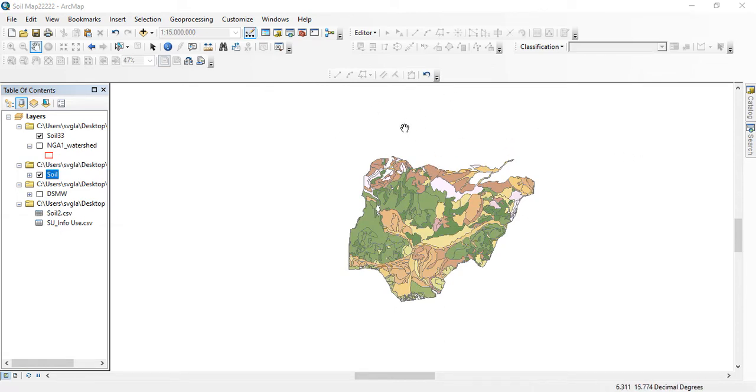All we need to do now is to produce our soil erodibility map.